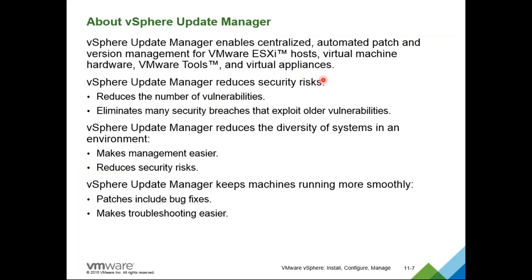Can you give me an example of a guest operating system? What guest operating systems will we use in a VMware environment? Overall we can say Windows or Linux. How do we identify that?